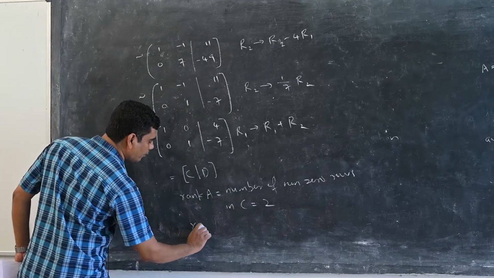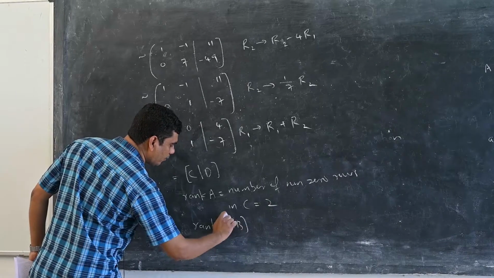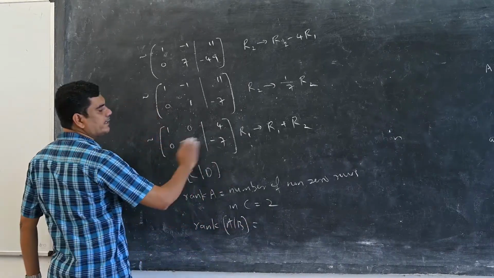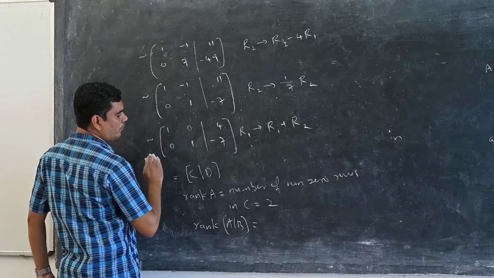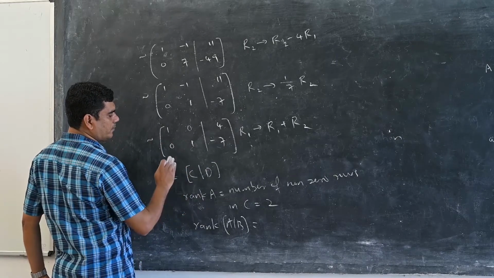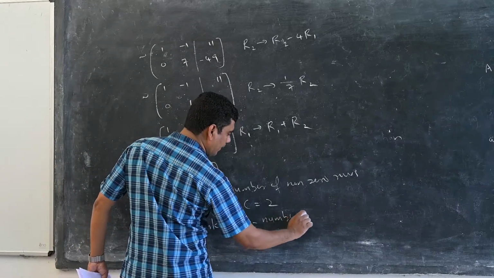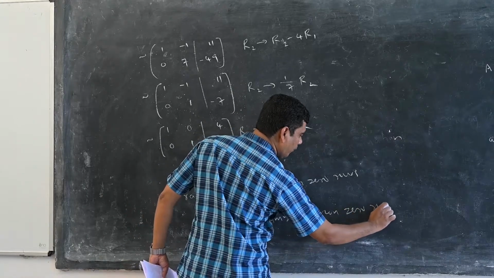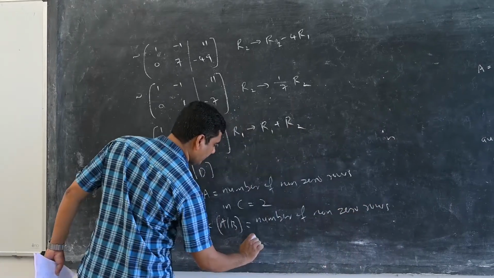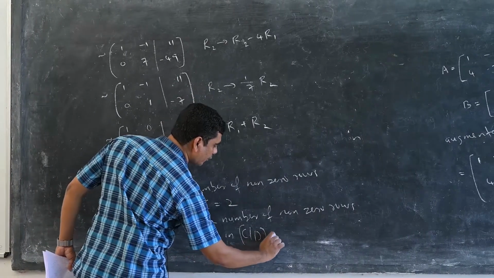Rank of the augmented matrix AB: this CD is the row reduced echelon form of the augmented matrix AB. So the number of non-zero rows in CD is also equal to 2.